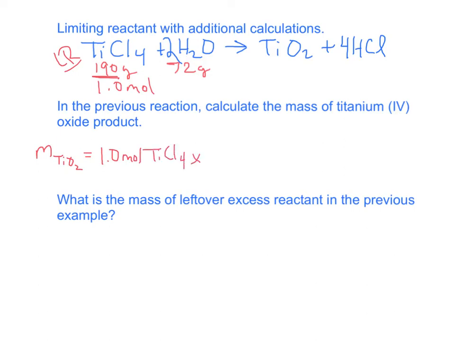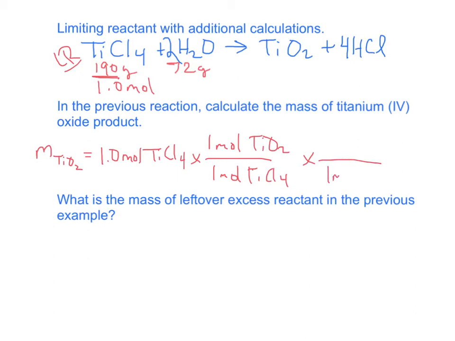So we need to transfer: 2 moles of titanium 4 oxide, 1 mole TiCl4 is 1 mole TiO2. And now it just becomes a mole to mass conversion.